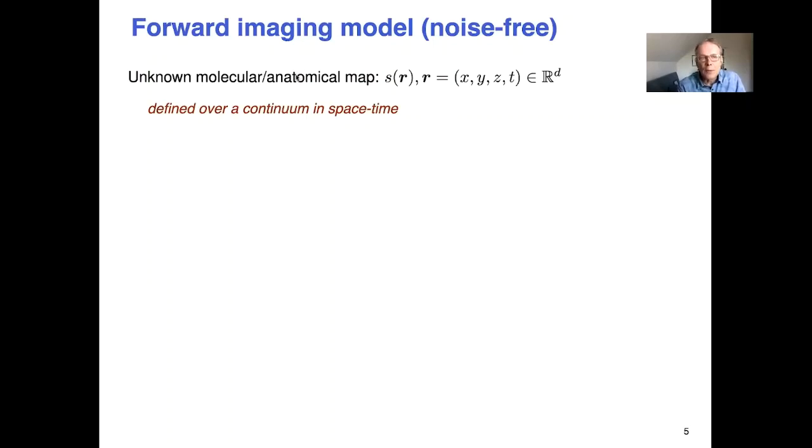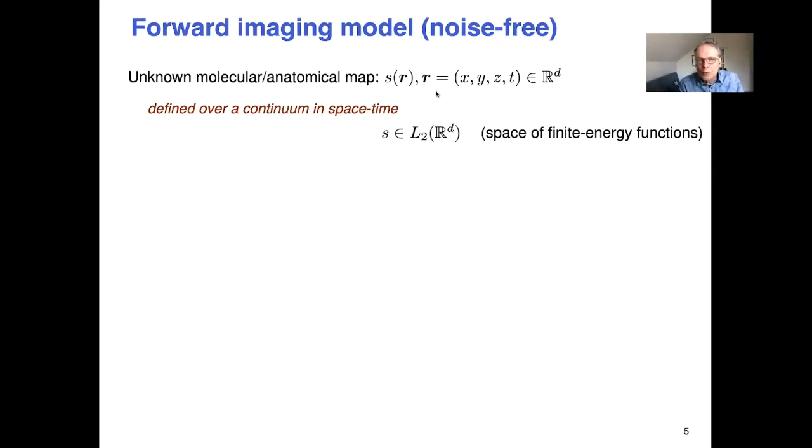And now the unknown object that you want to reconstruct really lives in the continuum. It's the continuum x, y, z, the space domain, and t can be time. So that's in some sense an analog unknown.